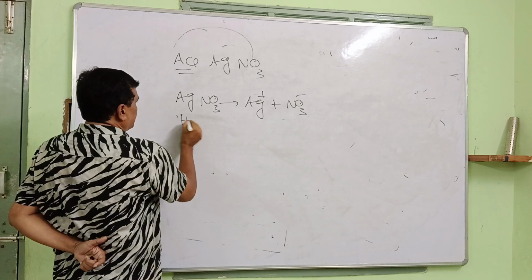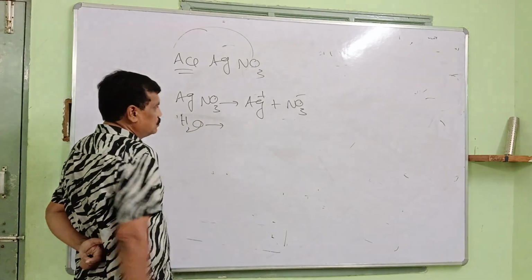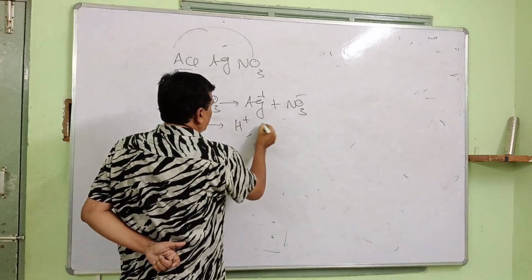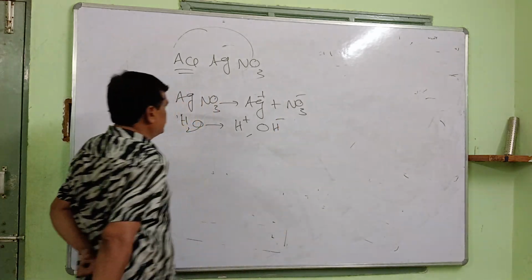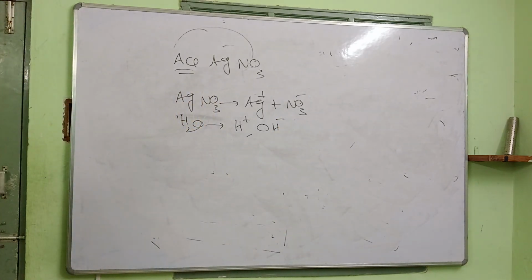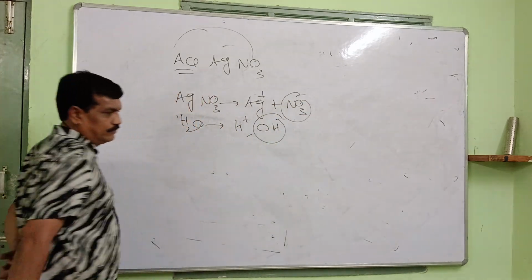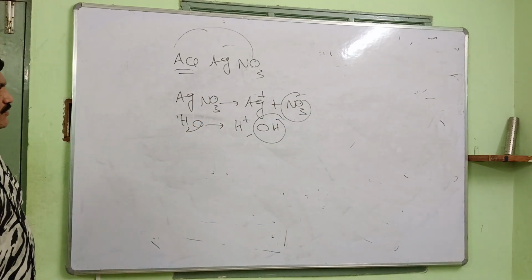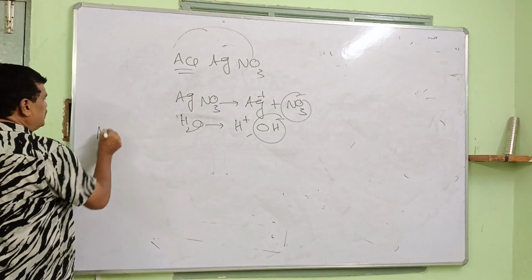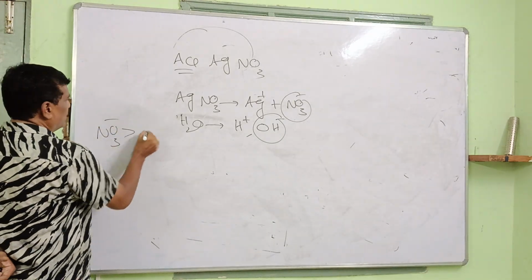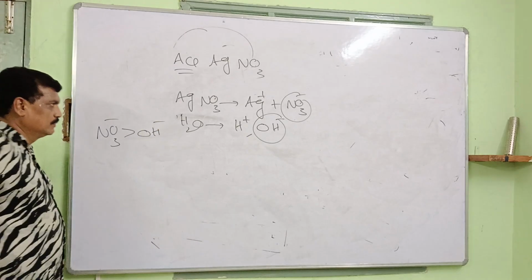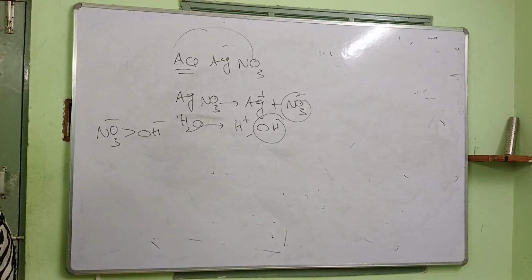Next, water is there. H2O gives rise to H+ and OH-. We have two anions. According to the preferential discharge theory, the discharge potential of NO3- is always greater than OH-. So OH- will be discharged.